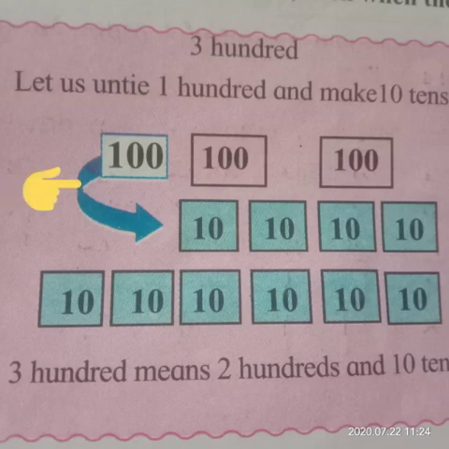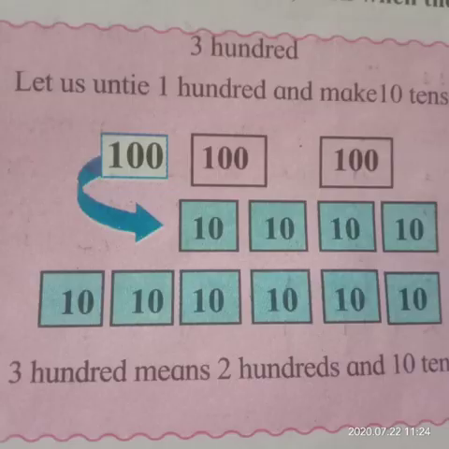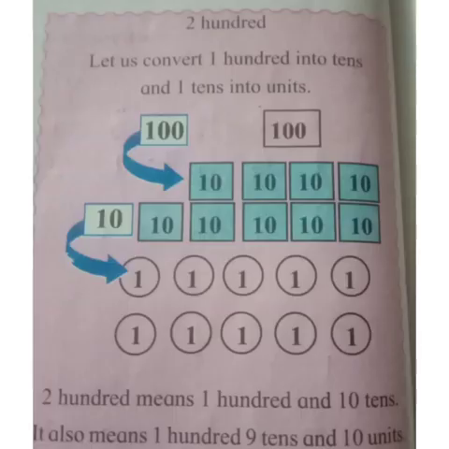Let us untie 100 and make 10 tens. 300 means 2 hundreds and 10 tens. Now see the second picture. They have given 200. Let us convert 100 into tens and 1 ten into units. 200 means 1 hundred and 10 tens. It also means 1 hundred, 9 tens and 10 units.